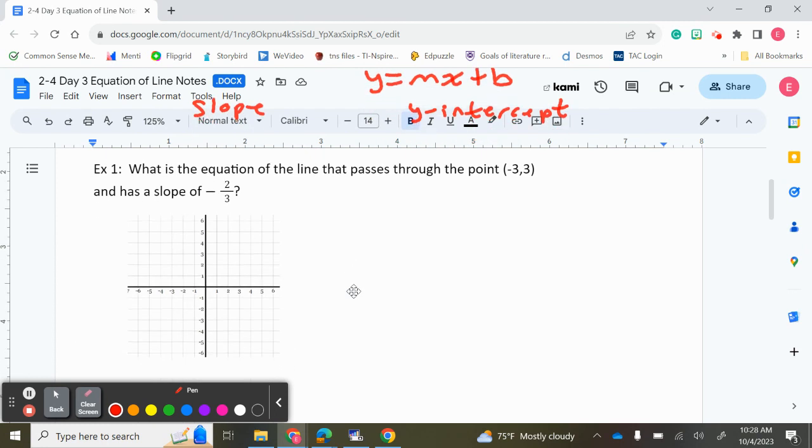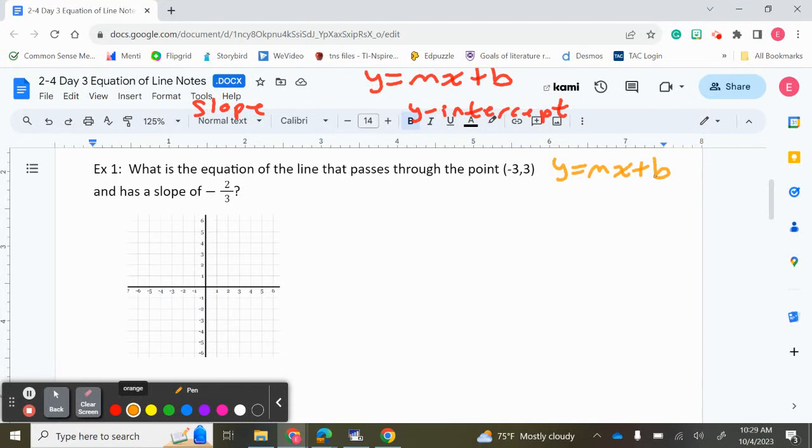Okay, so what we're going to do here for example 1 is it says, what is the equation of a line that passes through the point (-3, 3) and has a slope of -2/3? So what we're going to do is take the slope-intercept form.